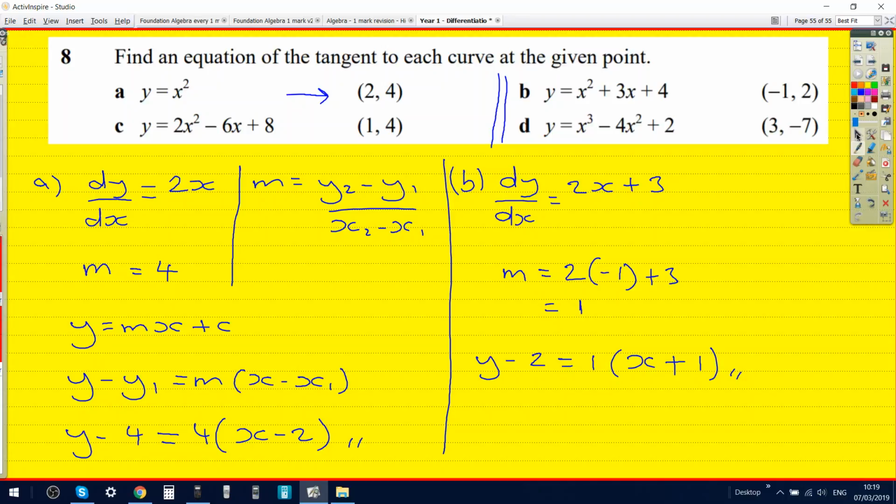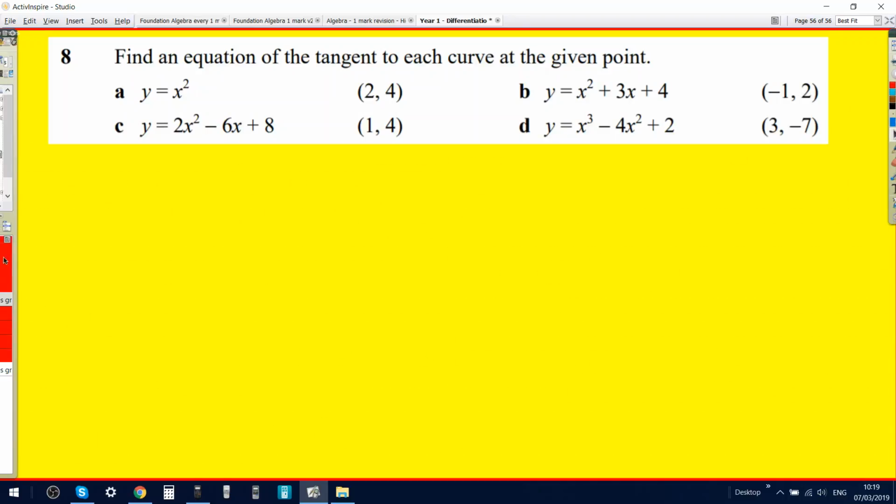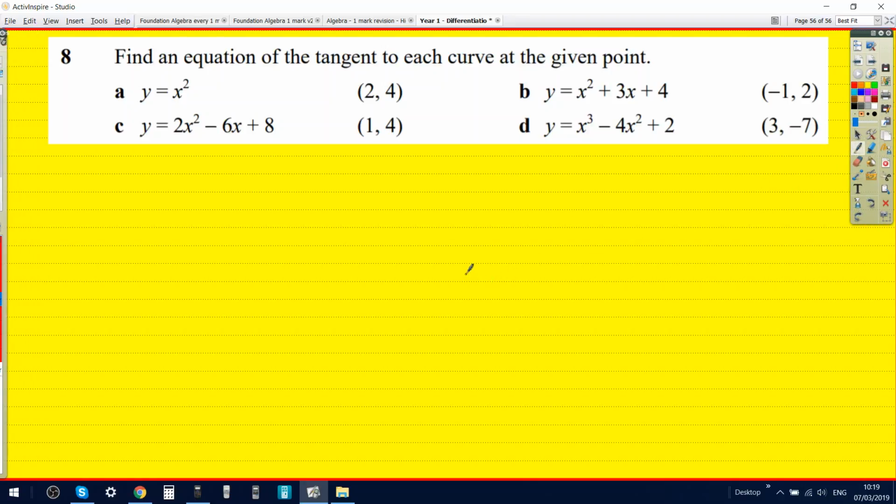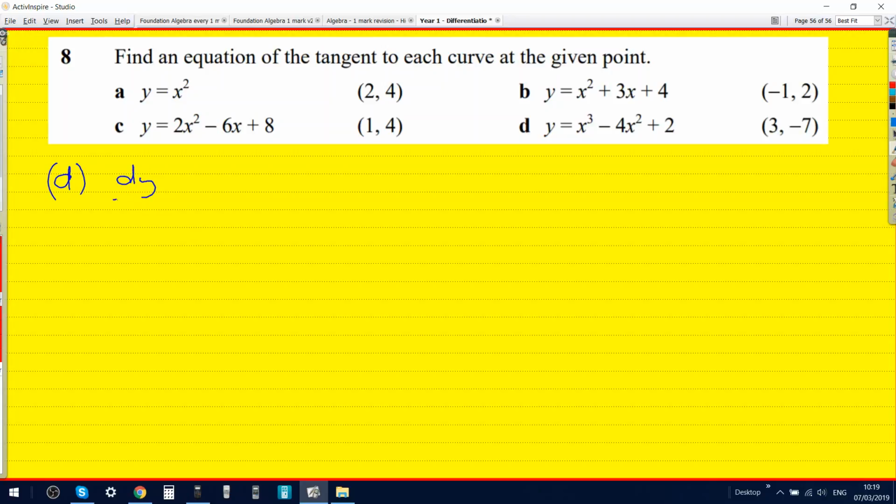And I just want to do this last one, so it's a cubic. D. 3x squared minus 8x.